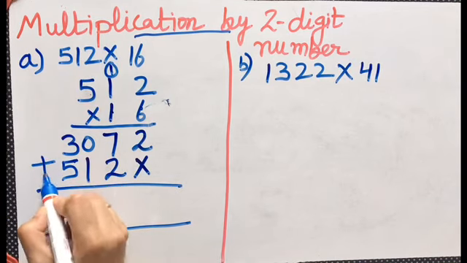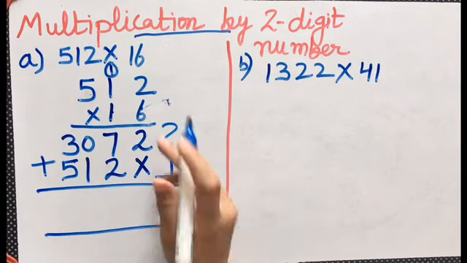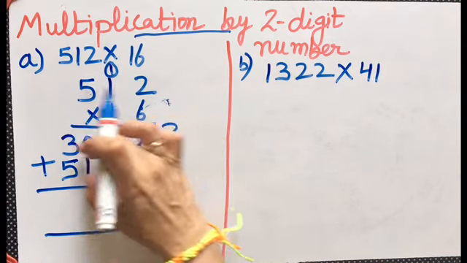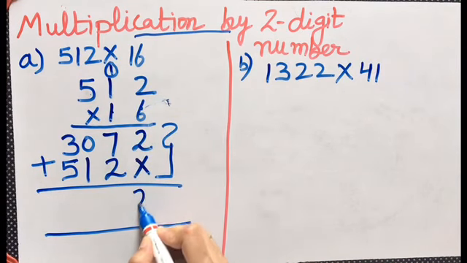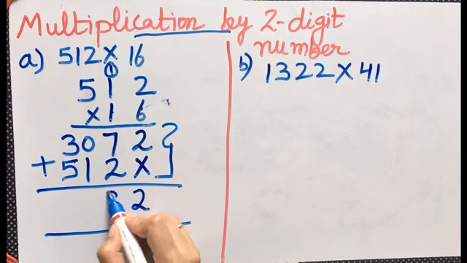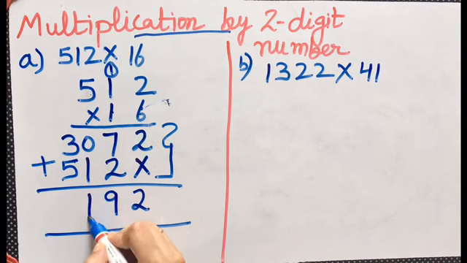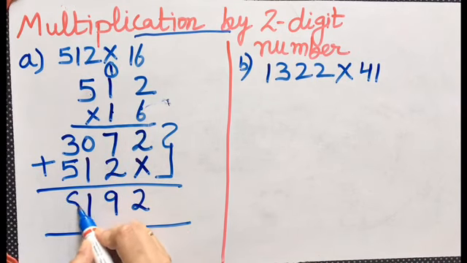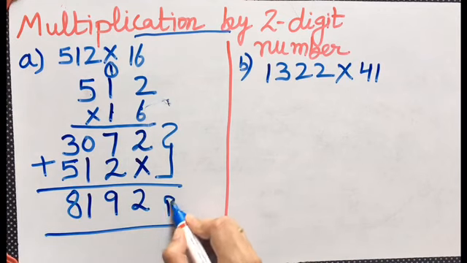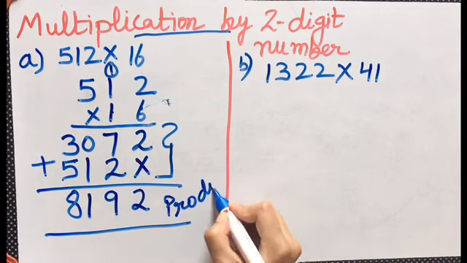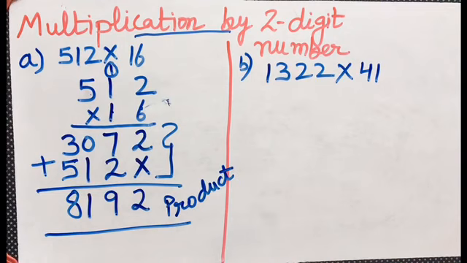Now, we are going to add these two only, not all, just these two numbers are going to be added. Here it will be 2, 7 plus 2 is 9, 0 plus 1 is 1 and 3 plus 5 is 8. So, this is our product. You know that we call the answer the product.